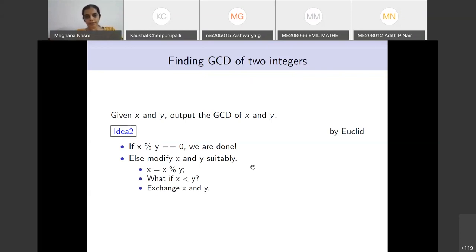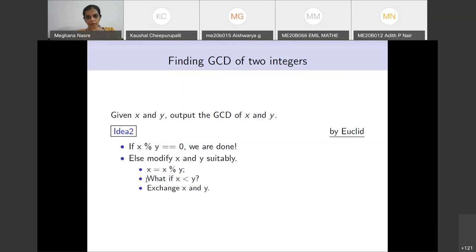Now the next question is, what if x is less than y? In fact, if you do x is equal to x mod y, then the resultant x will be between 0 and y minus 1. Therefore it is going to be less than y, and therefore you will need to exchange x and y.